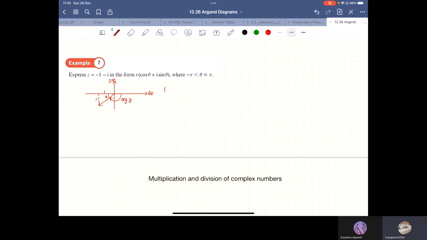Okay. What is r? 1 squared plus 1 squared, which is root 2. And what is theta? Arctan 1/1.